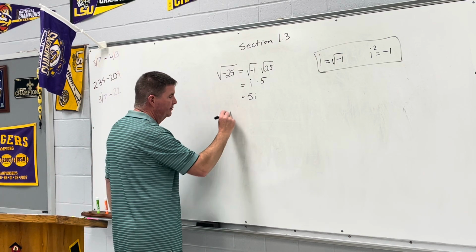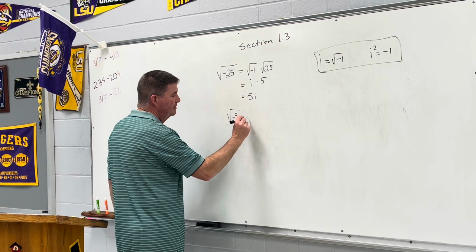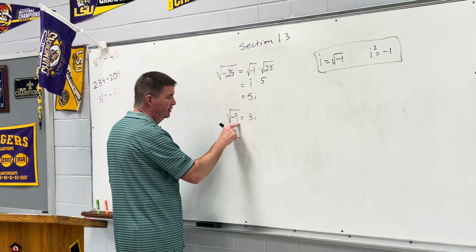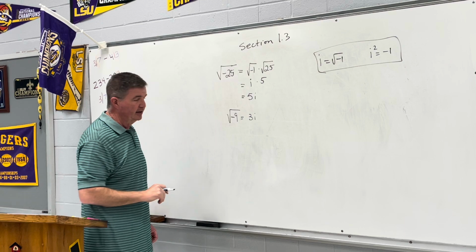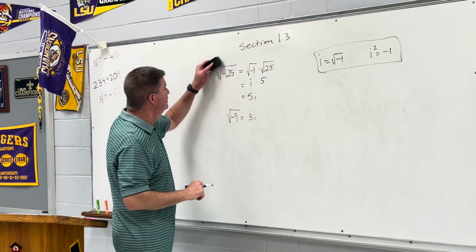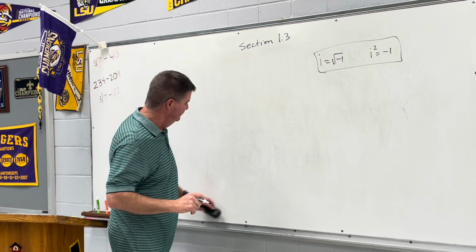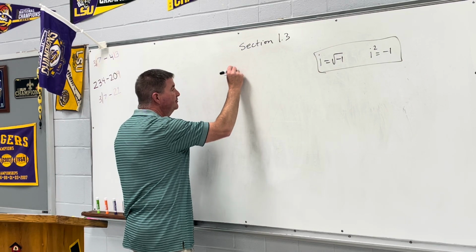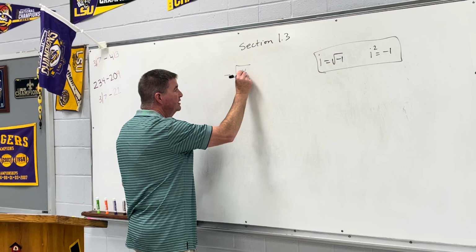If we had the square root of -9, that would be 3i. The square root of 9 is 3, and the square root of -1 is i. Suppose we have a negative out front: the negative of the square root of -169.